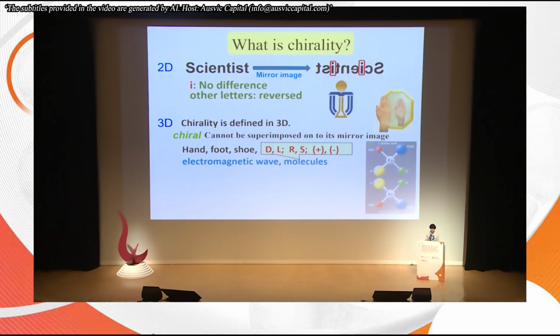D, dextral, L, levo, R, rectus, S, sinistral, these are Latin words that just mean right and left. Plus and minus is actually due to the interaction with electromagnetic wave. And of course, there are many achiral ones.